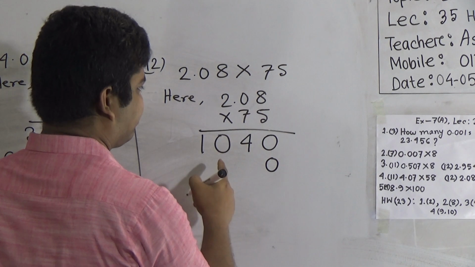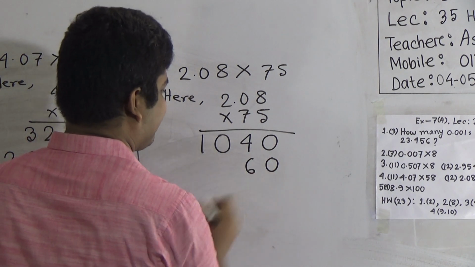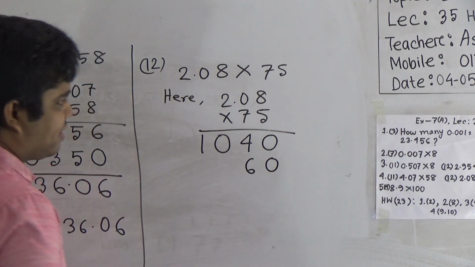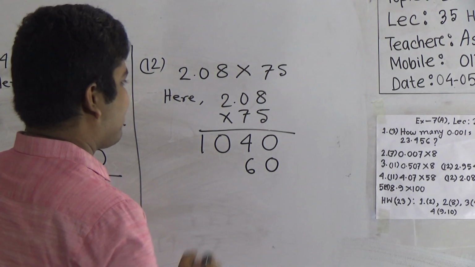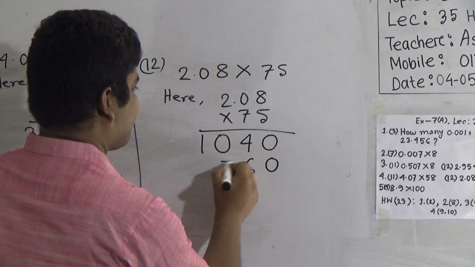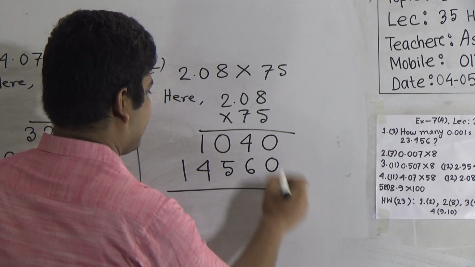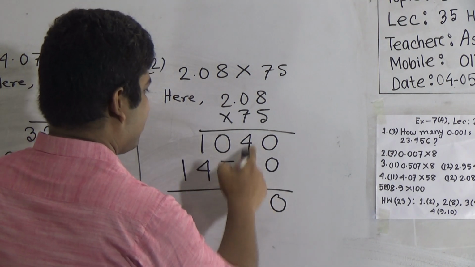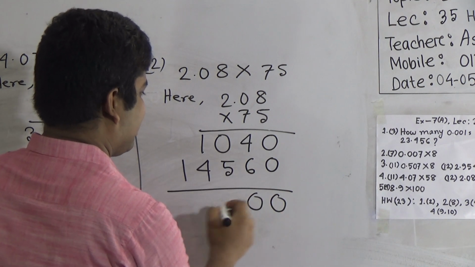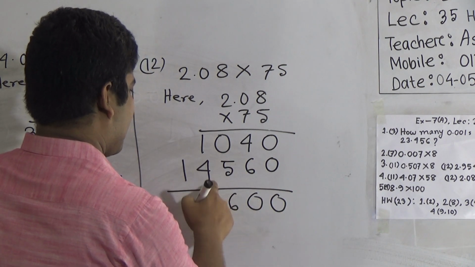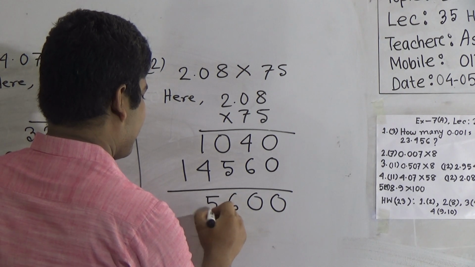7 8s are 56. From 56 I write here 6. Then carrying 5, 7 zeros are 0 plus 5, 5, and 7 2s are 14. I write here 14. Now we do addition. 0, 4 6, 10 carrying 1, and so on.